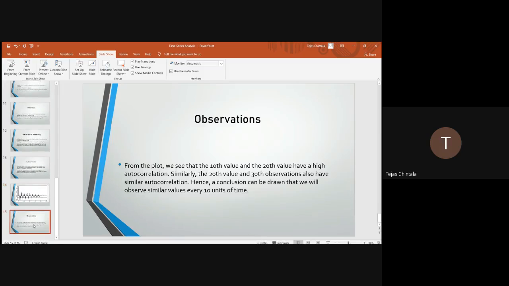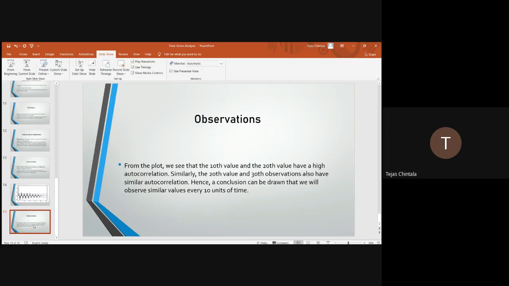So if we observe, from the plot, we see that the 10th value and the 20th value have a high autocorrelation. It basically tells us the periodicity of our graph: after every time period, we'll find the same value.